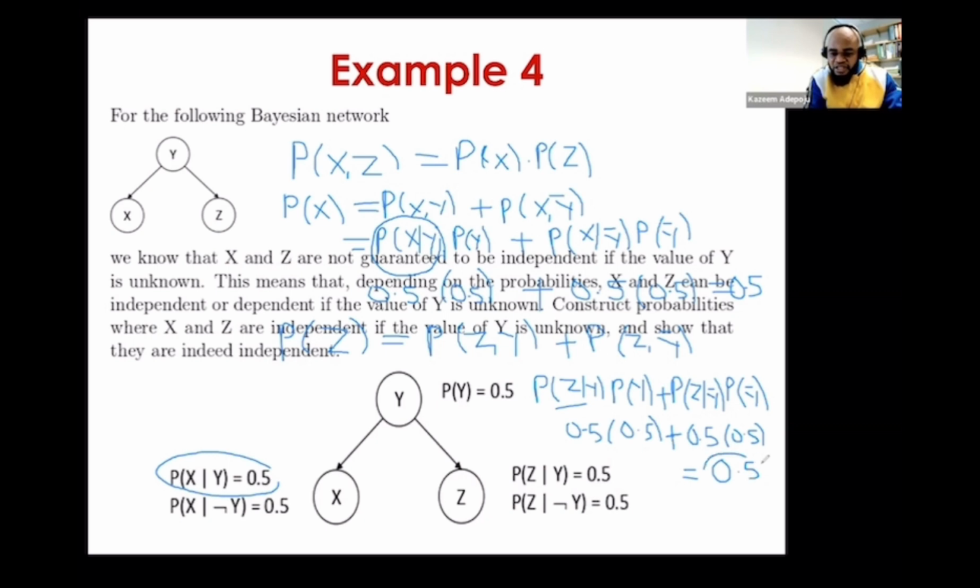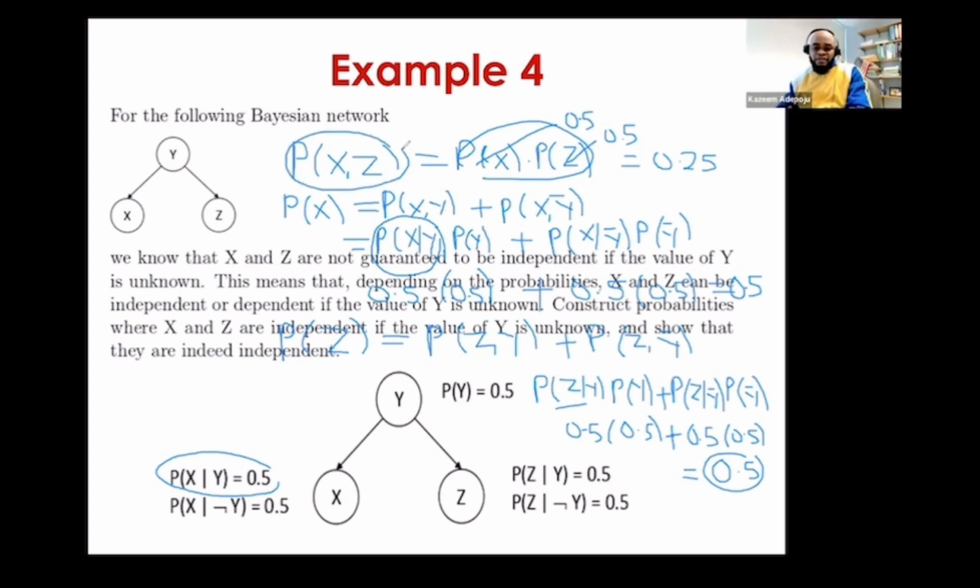So for this one, I got 0.5, and for this one, I also got 0.5. The product of these will give me 0.25. Now, the next thing I want to do is see whether the probability of s and z is the same as 0.25.